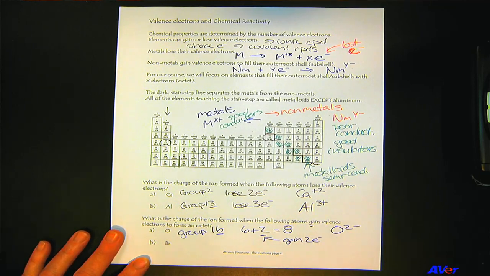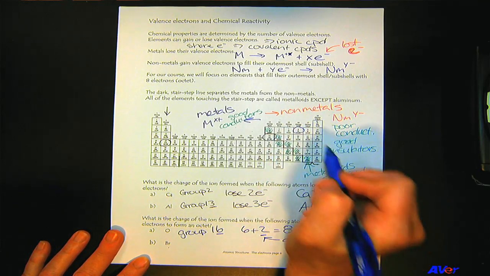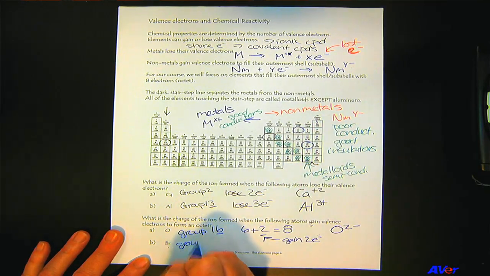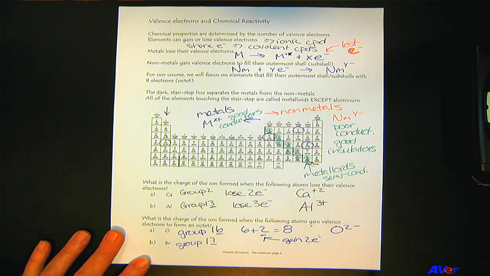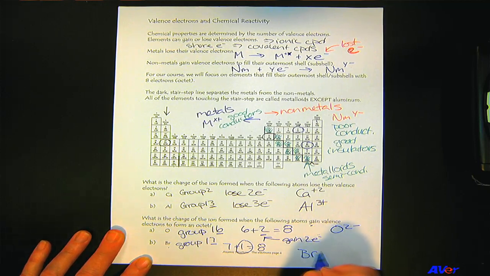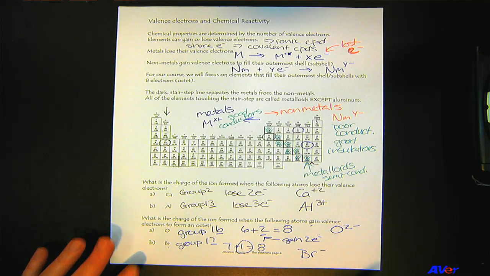So it's going to make the oxide ion. And then bromine's right here. Bromine is group 7 or 17. There's the 7, right? So 1. So bromine needs to gain 1 electron to achieve an octet.